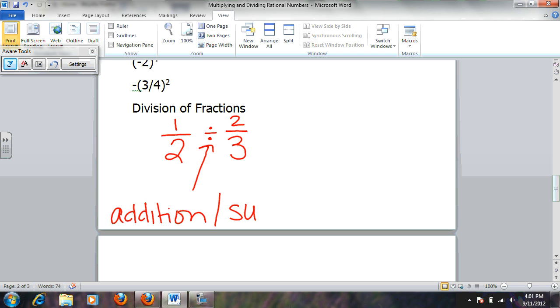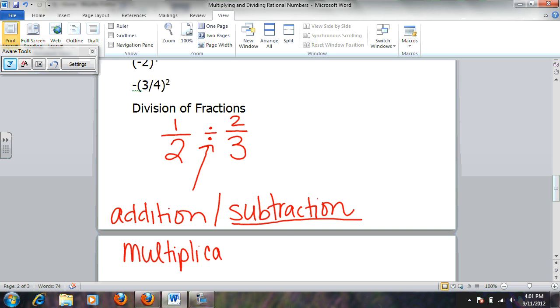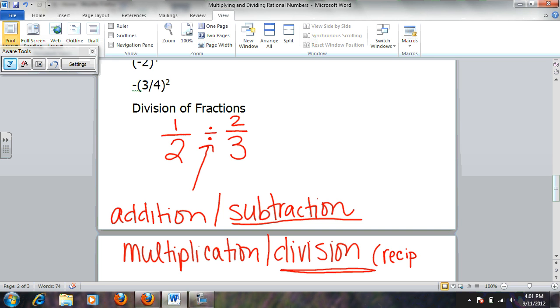Just like addition and subtraction are related, because subtraction is really adding the opposite, multiplication and division are related, because division is multiplying by the multiplicative inverse, or the reciprocal.